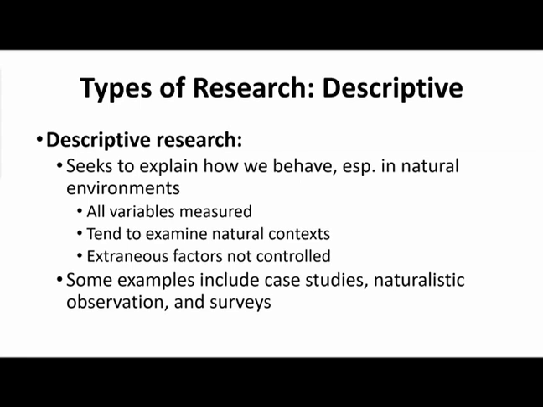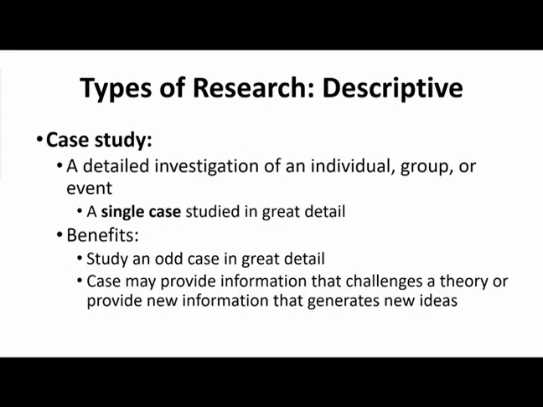We've already kind of talked about surveys, but we are going to go into these in more detail, focusing on each in turn. So the first type of descriptive research that I mentioned is a case study. And a case study is a detailed investigation of a single event, a single case. So it could be an individual, a group, or an event. Usually these are going to be single, noteworthy events.